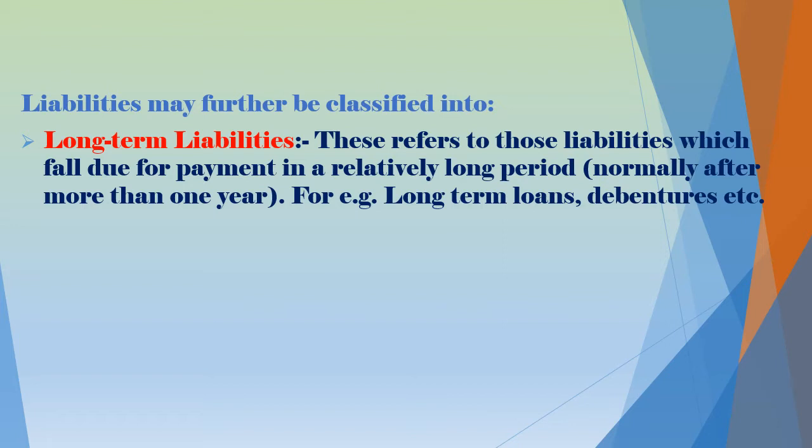We have internal liability, what the firm has to give to its owners and proprietors, and external liabilities, what the firm has to give outside the company, such as creditors and loans. These liabilities that can be paid after a long period of time, normally after more than 1 year, are called long-term liabilities, like long-term loans and debentures.